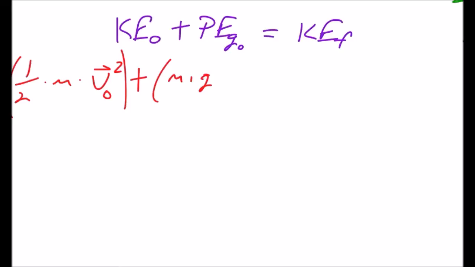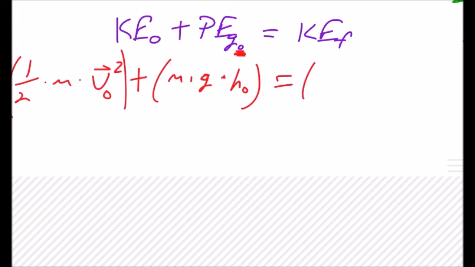That equals 1/2 the mass times the final velocity squared, because we're on the final side. What do we notice? Everybody brought mass to the party, so we can cancel mass out in all of these terms.